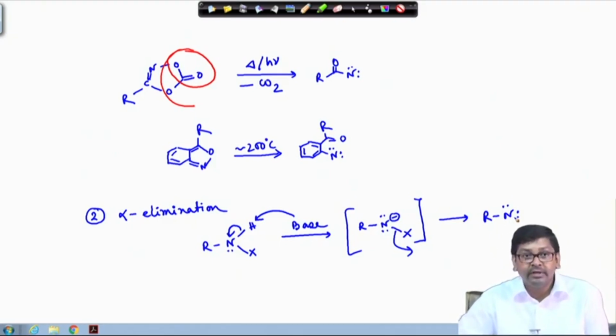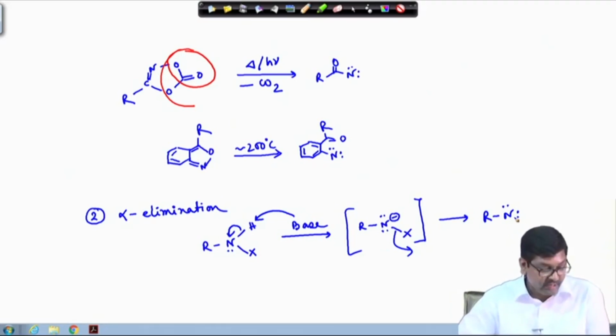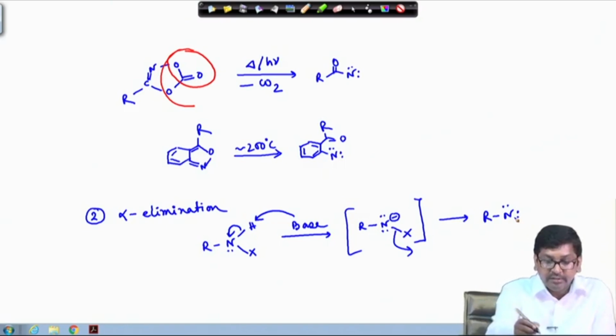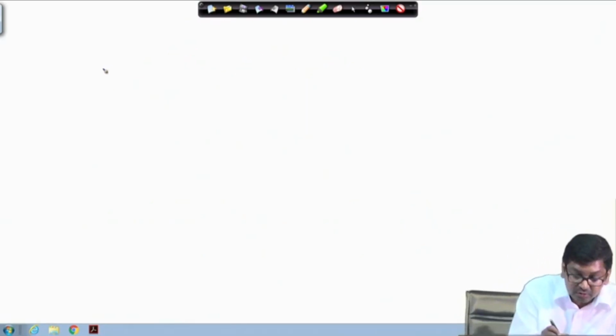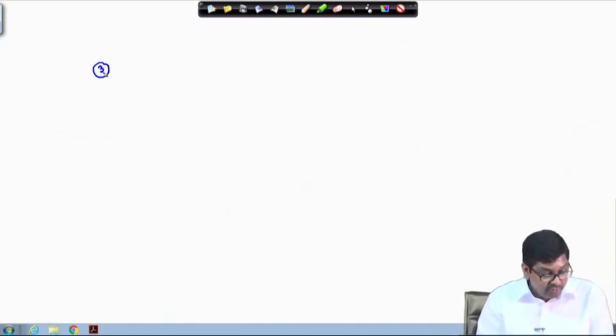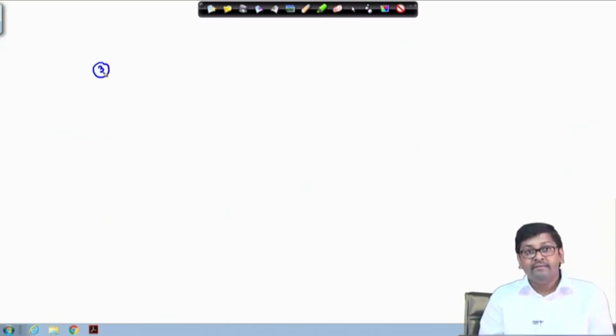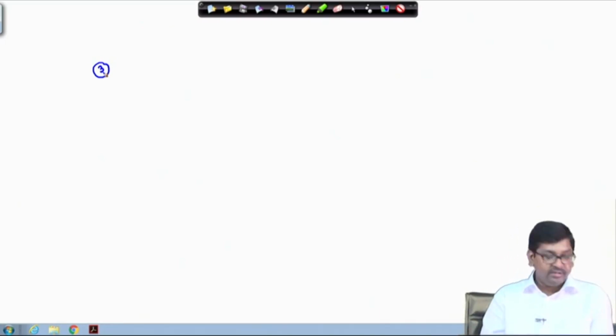This is another way, that alpha elimination can be done to get the required nitrene moiety. Okay. Not only that, another method is also there. This is called the reduction of nitro or nitroso compounds, that can also lead to generate the required nitrene moiety.